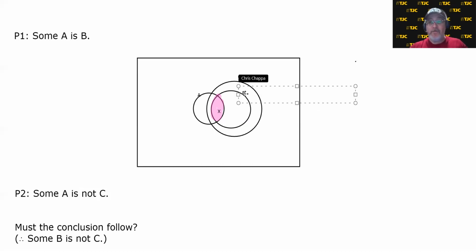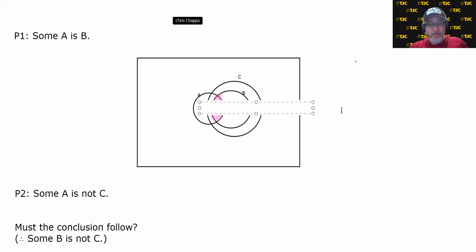Well, let's get rid of circle B for a second. Some A is not in C. If you wanted to, we could put an X over here. I think we will. Let's bring back circle B for a second. If we wanted to, we could put another X. It's just a different X. And now let's get rid of circle B. And this X in the middle.